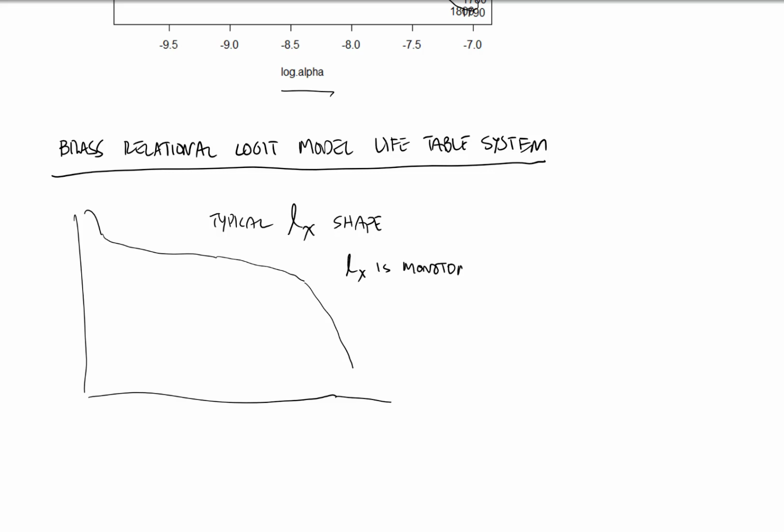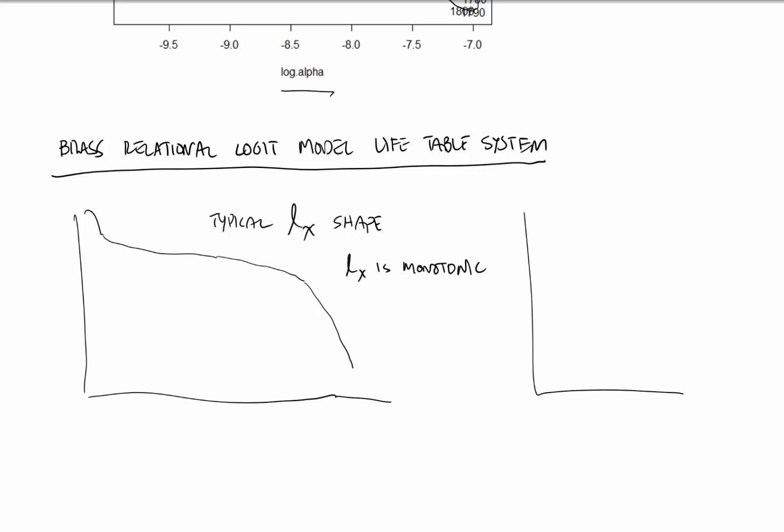And here is a true fact: things which are monotonic are easier to model than things which go up and down. So things which either look like this or things that look like this are easier to model than things that look like, say, this, or worse, maybe things that look like that.